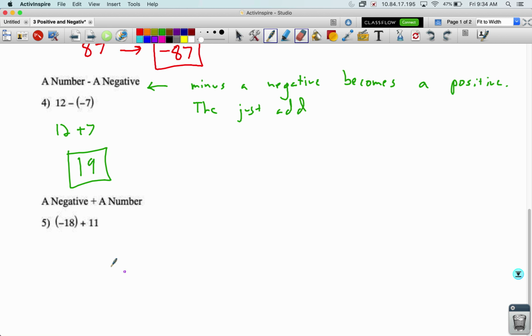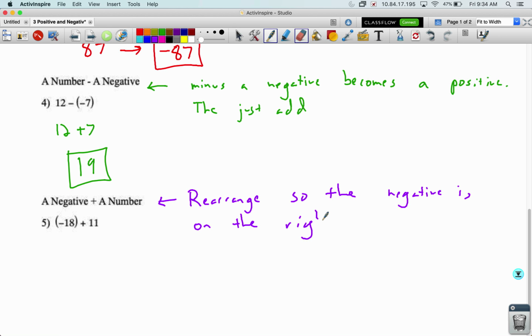What we want to do is rearrange, so the negative is on the right, then use either example 1 or 2. Depending on how you rearrange this, do you end up with small minus big or big minus small?